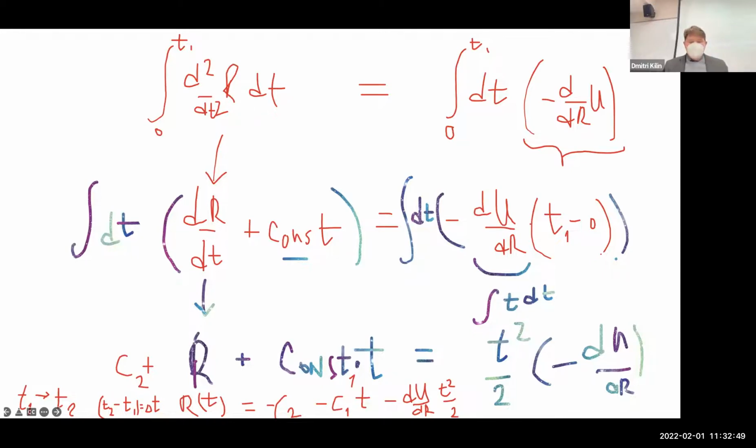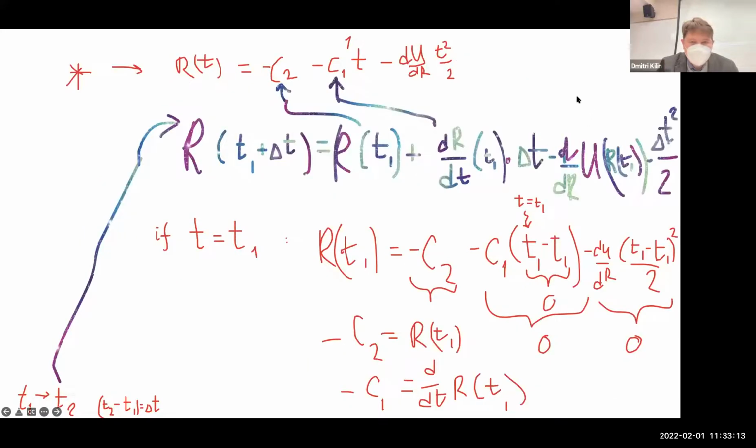In our approach, we will not use t going to infinitely long time. We will use it only for infinitely short time, because U potential and dU/dr force will be recomputed, will be changed each time we increment the position. So the position at time t1 plus delta t will be the position at time t1 plus dr/dt, which is the velocity at time t, times the increment of time.